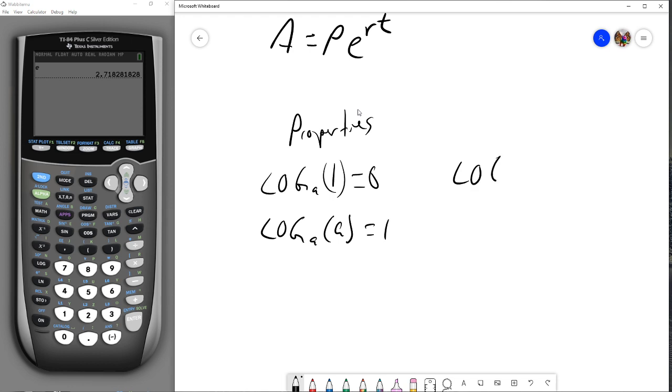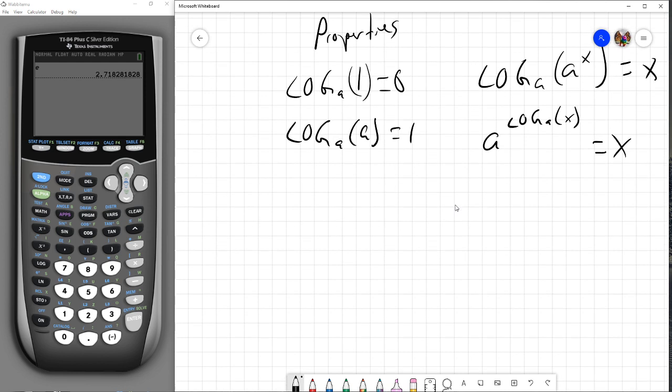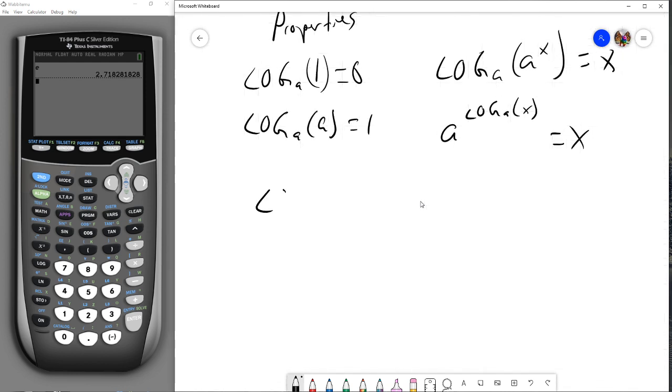These are both just derivatives of the general fact that log base a of a to the x is x, and a to the log base a of x is also equal to x. These two properties just follow from the fact that exponentials and logarithms are inverses of each other.